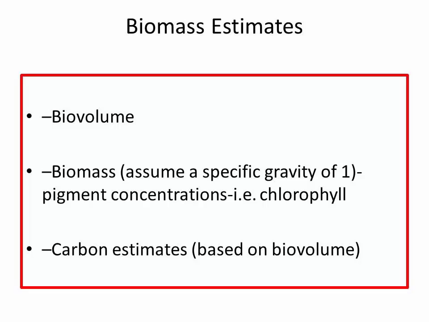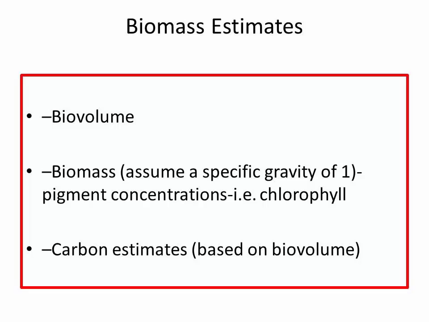Well, in terms of doing biomasses, you can do biovolumes or you can do biomass. And one nice thing about algae is that everything I've read is that algae have about a specific gravity of 1. And so that helps you in your biomass determinations. And then the other thing too, if you have biomass or biovolume, then you can estimate carbon. And sometimes, especially for nutrient studies, it's important to have, what's the carbon contribution in this system from the algae.